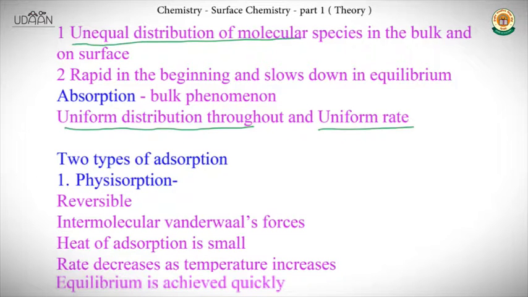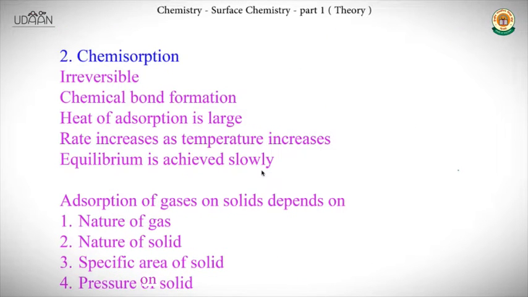Now, we'll move on to chemisorption. In chemisorption, chemical bond formation at the surface takes place. That is why it is irreversible in nature. The heat of adsorption is much larger as compared to physisorption, and this is very important again: the rate increases as the temperature increases.